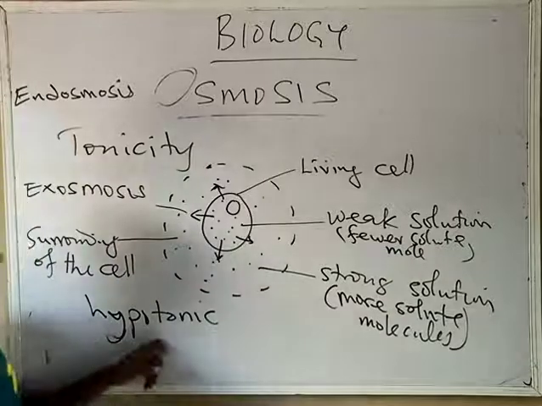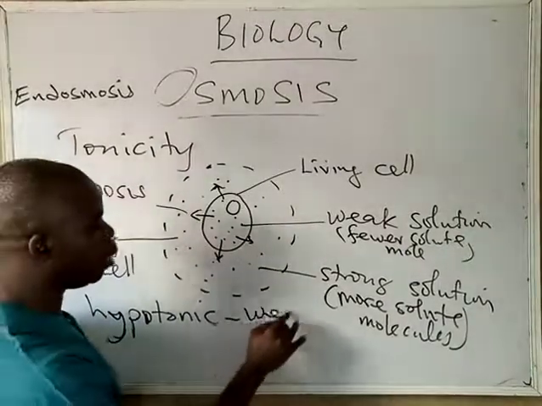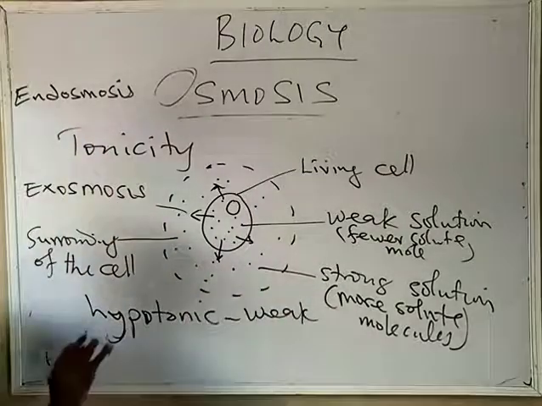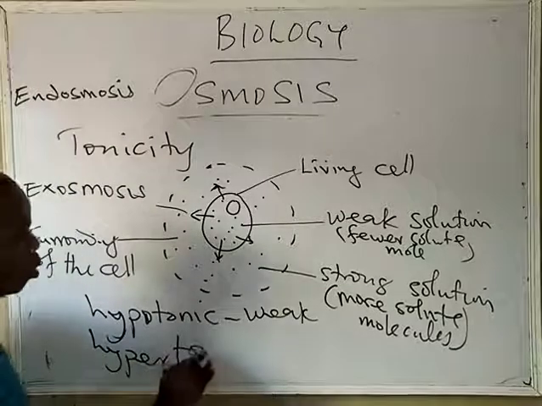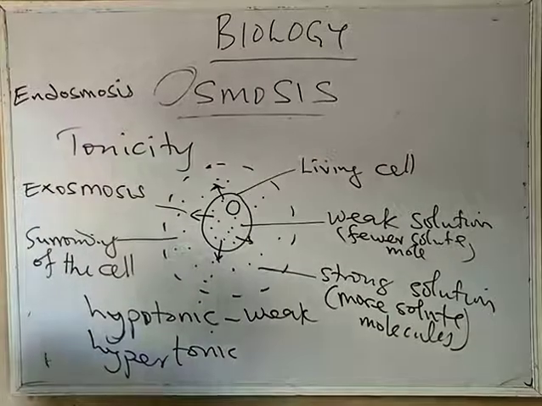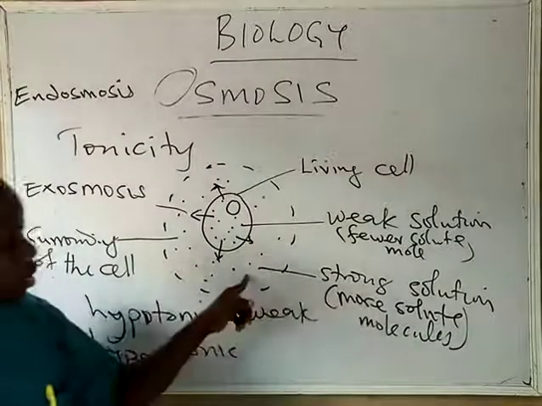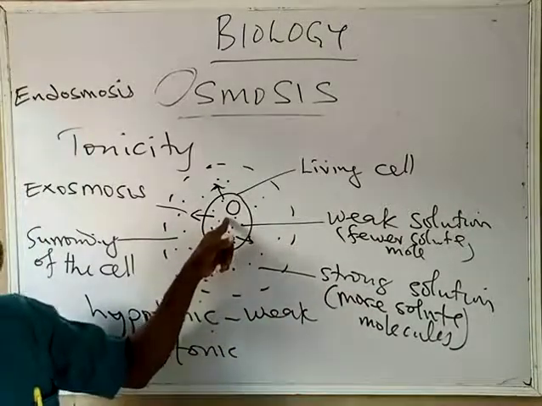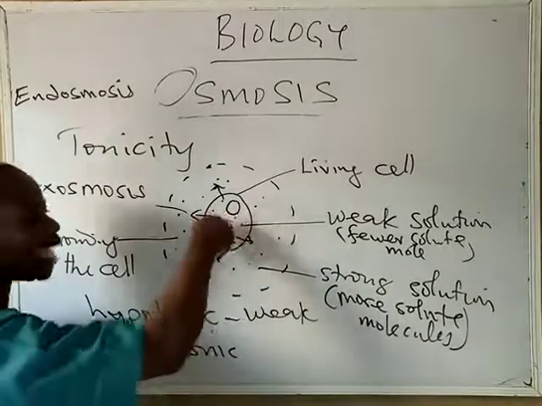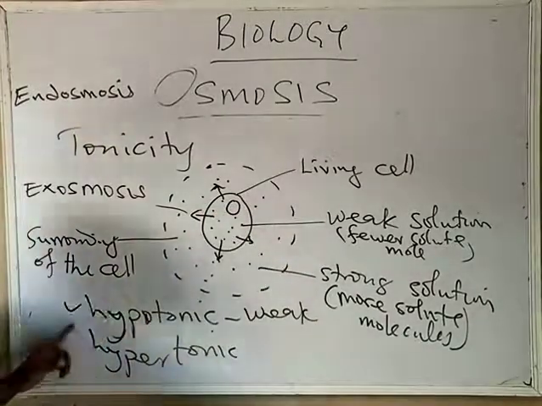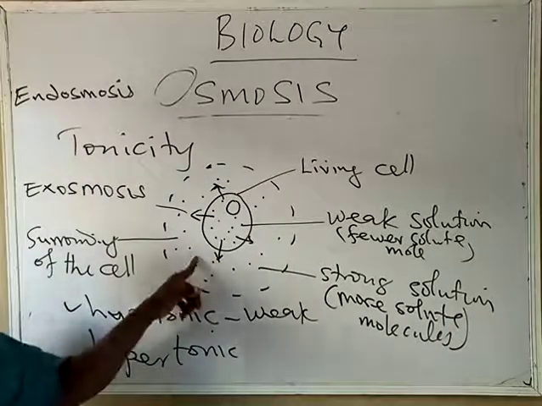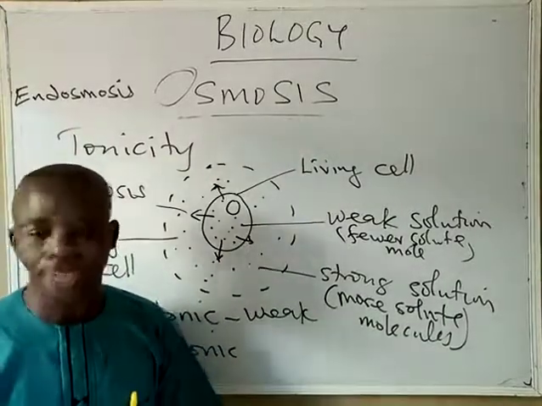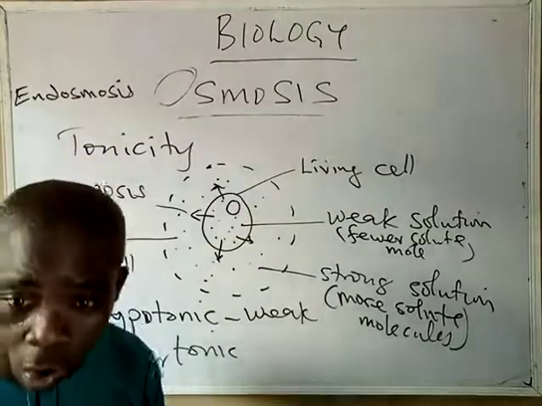So hypotonic solutions are actually weak solutions. And the solution that is strong is said to be hypertonic. So this solution that is strong is hypertonic to the content of the cell. And the solution inside that is weak is said to be hypotonic to the environment of the cell. So in short, hypotonic solutions are weak solutions, whereas hypertonic solutions are strong solutions.